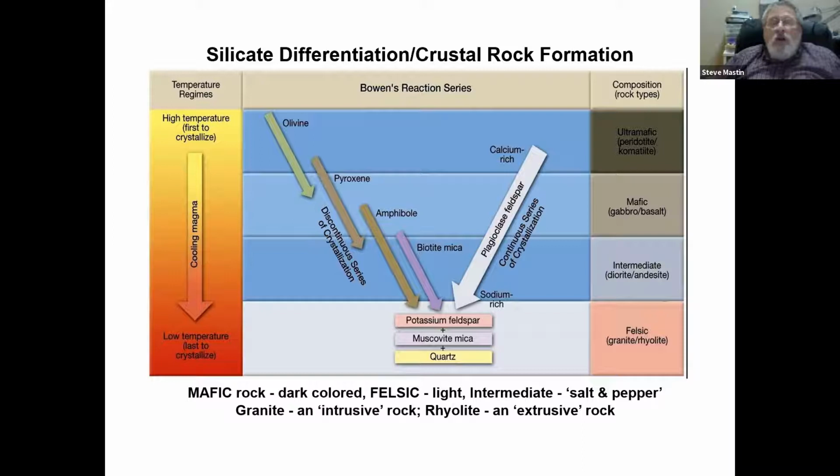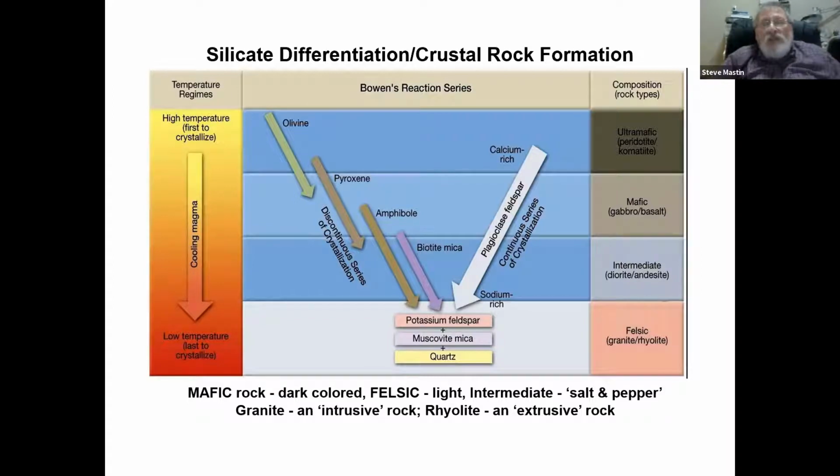And so you start out with olivine, and that one sort of precipitates out first, and then pyroxenes, and then amphiboles, and then a form of mica, which wasn't present in the mantle silicates.